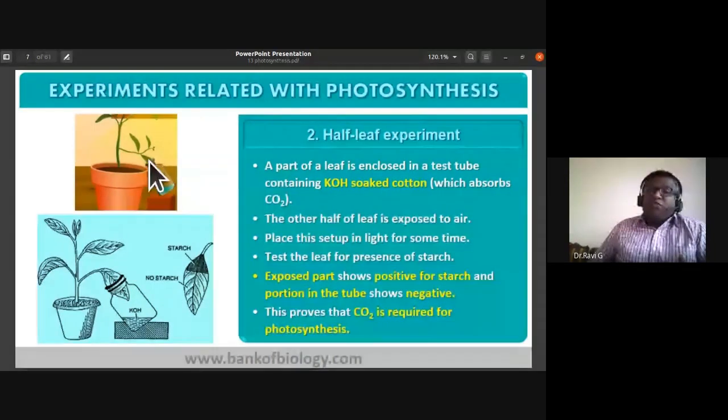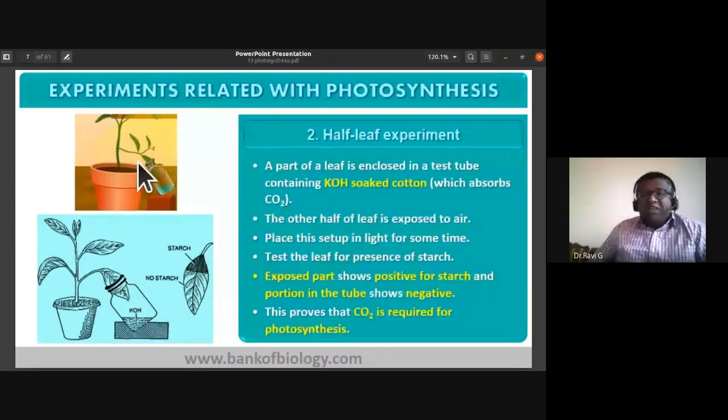Half of the leaf is exposed to the atmosphere, half of the leaf is within this reagent bottle or test tube containing KOH solution. So there is no carbon dioxide here, but light is available because the bottle is transparent. They allow the setup to stand for 1 or 2 hours. Later, they take the leaf to test for the presence of starch.